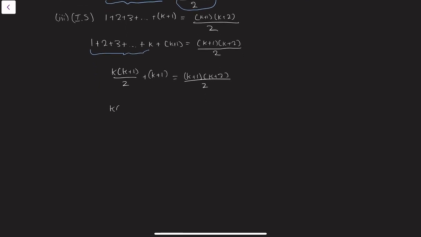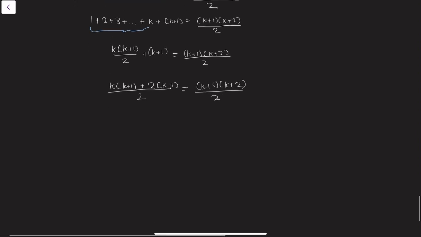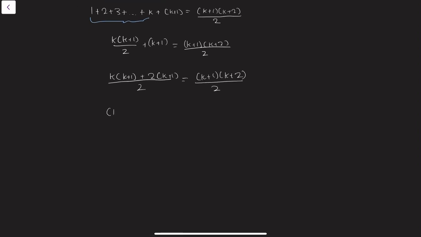Well, adding a common denominator, k(k+1) plus 2(k+1) all over 2 is equal to (k+1)(k+2) all over 2. And factoring out k + 1 on the left-hand side, we're left with (k+1)(k+2) all over 2 is equal to (k+1)(k+2) all over 2.